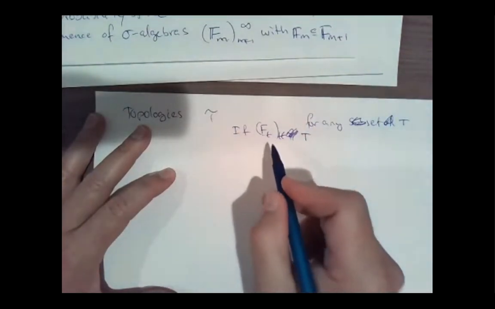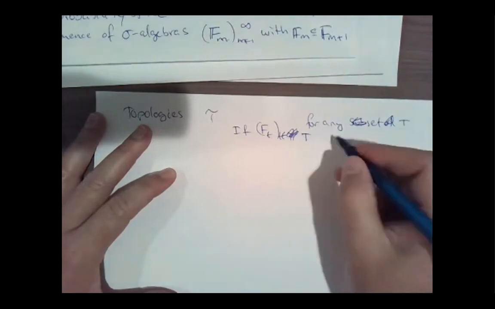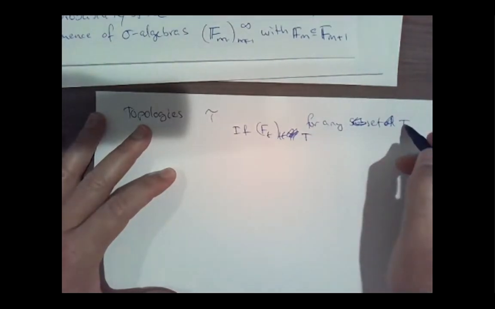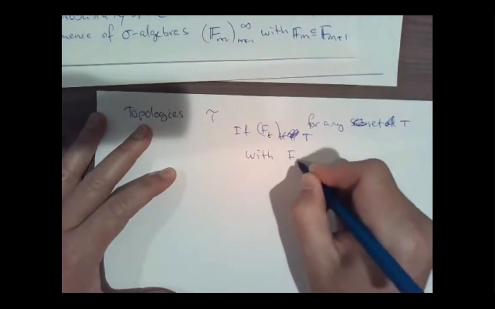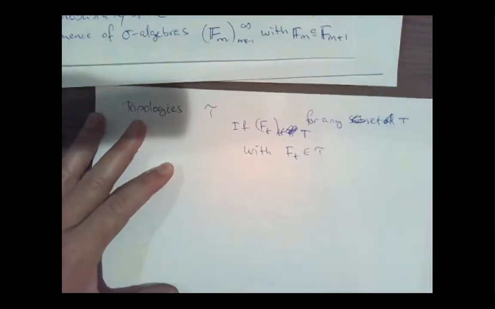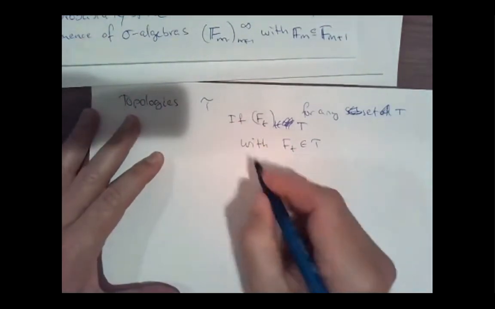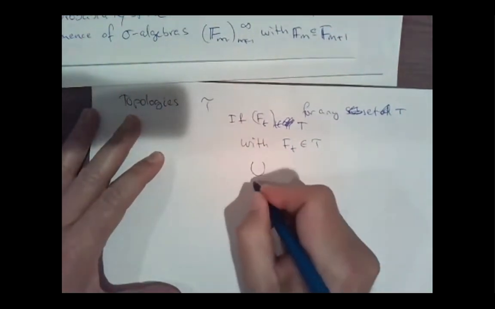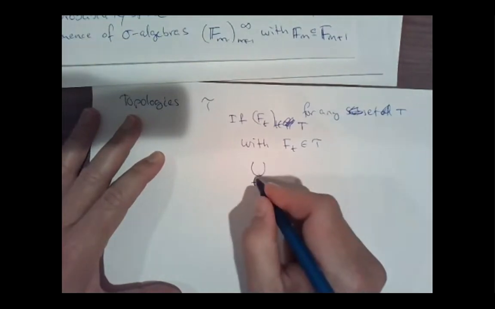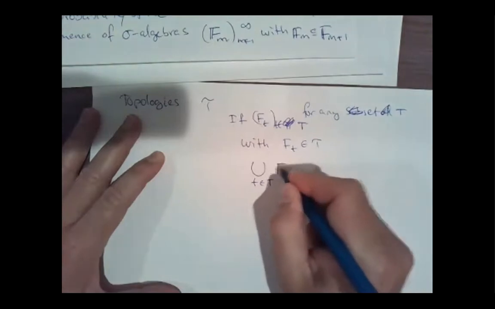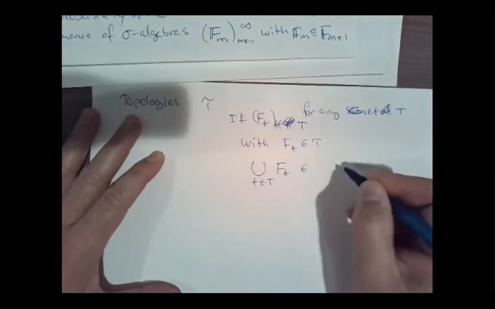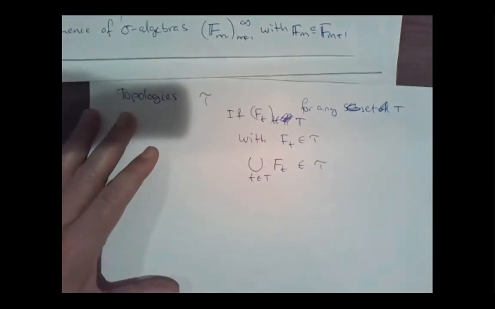I'll take a collection of sets F_t running through some capital T set, with F_t being an element in the topology. Then this is different, because then you're going to demand, if this is to be a topology, that arbitrary unions have to be elements in the topology.